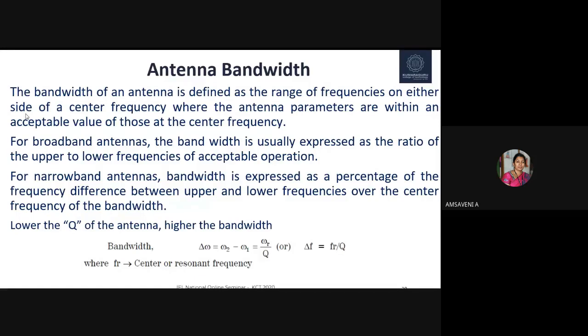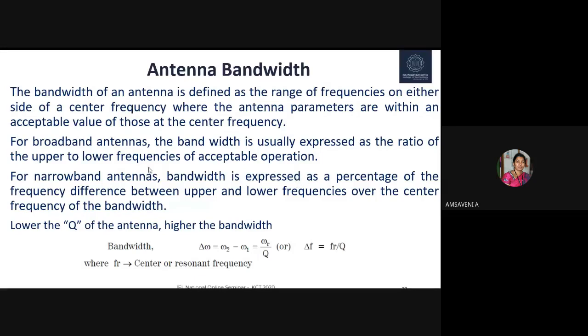So at center frequency the gain is 5 decibels, and the same gain is maintained on either side of the center frequency. From 80 megahertz to 120 megahertz the antenna provides the same gain of 5 decibels. So it means that the antenna bandwidth is 40 megahertz.